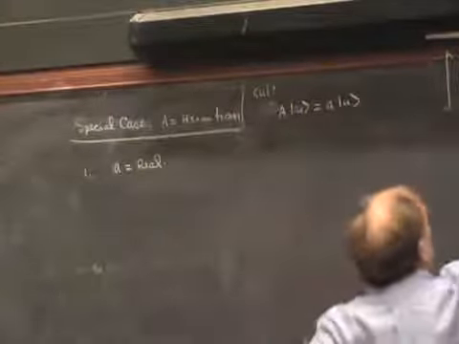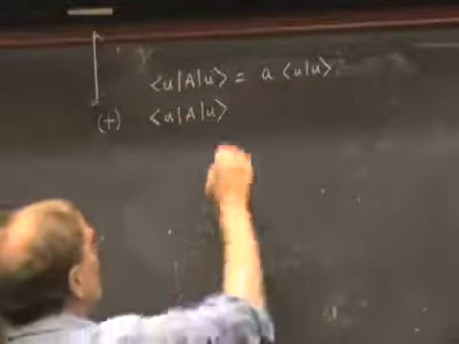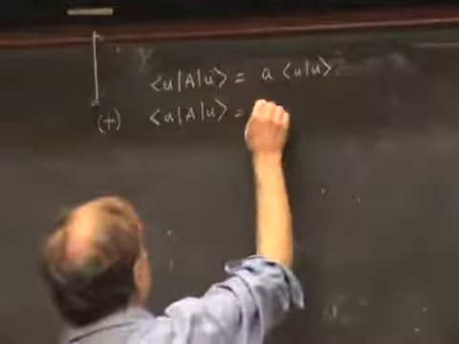And then we take this equation and we apply the Hermitian conjugate to both sides. The left-hand side turns into itself, AUA. If A were not Hermitian, you'd get a dagger in the middle, but because it's Hermitian, it doesn't, so you get the same thing. That's what's special here. And on the right-hand side, you get A star times UU.